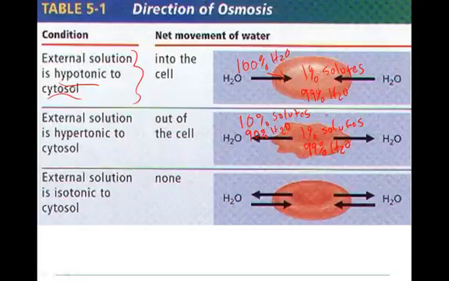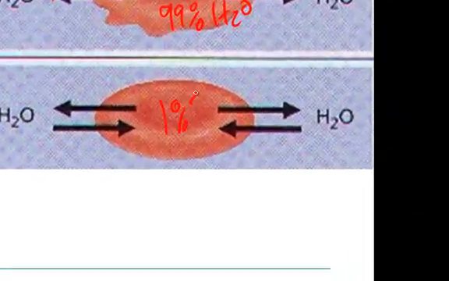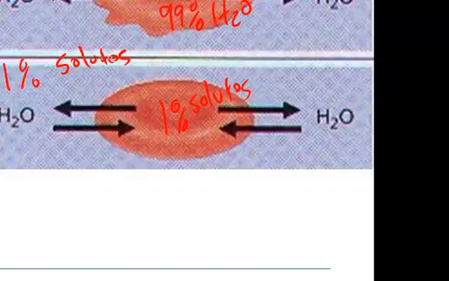The third scenario shows us an isotonic solution, and of course, if the cell is 1% solutes and 99% water, then an isotonic solution will be 1% solutes and 99% water. And this is exactly what you want for an IV.